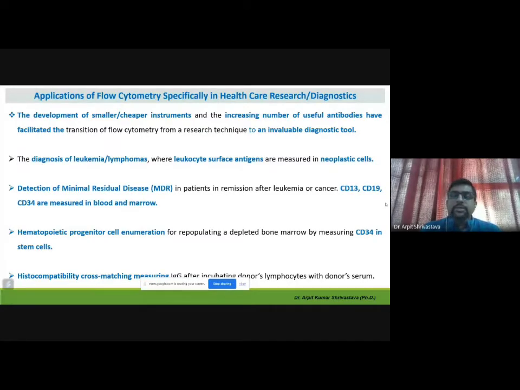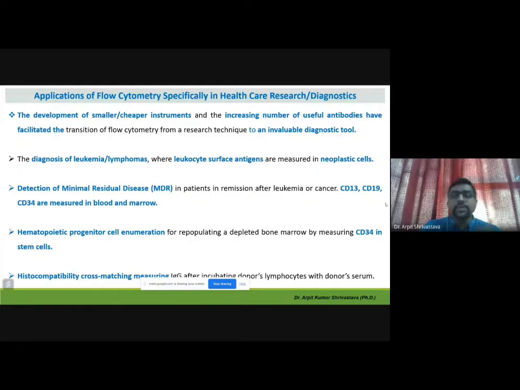Innovation has made it cheaper and more readily available. You will be surprised that monoclonal antibodies and this technology started simultaneously in the 1970s, but monoclonal technology has a great role right now in comparison to flow cytometry.